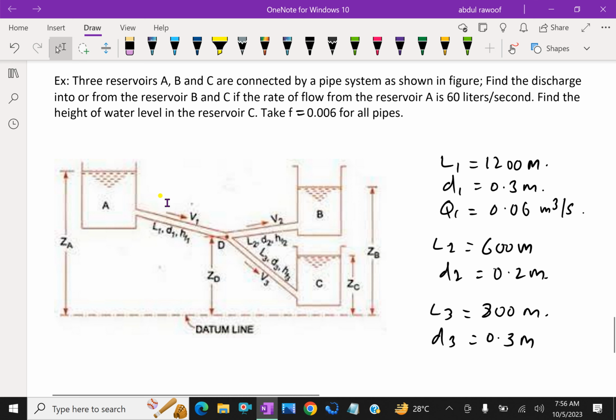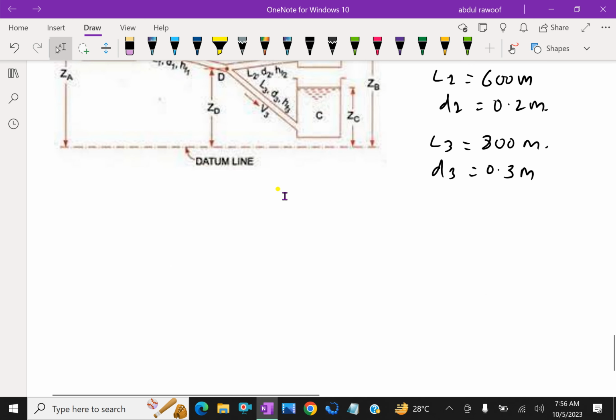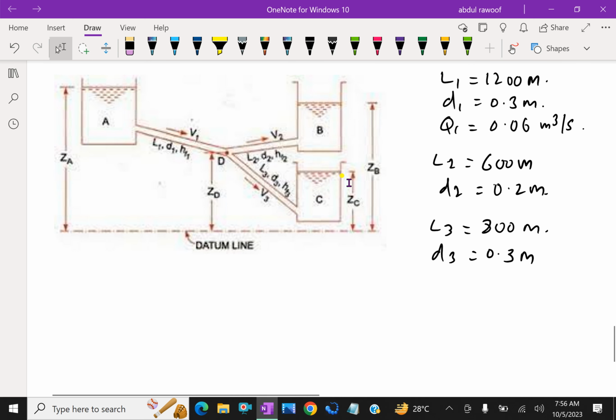Here in this pipe setup, reservoir A is at datum ZA, and the other datums are ZB and ZD.